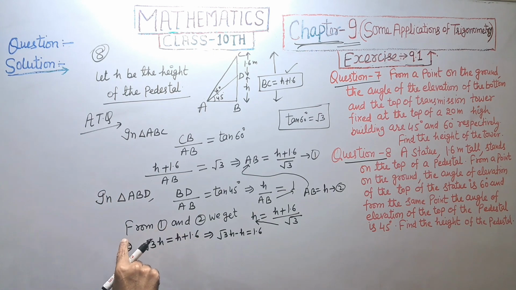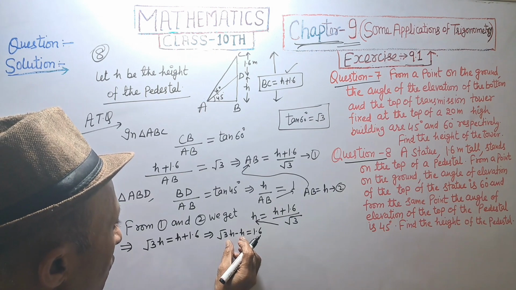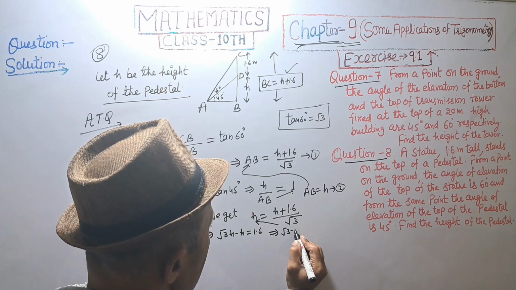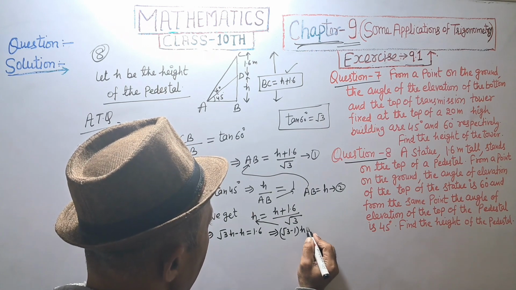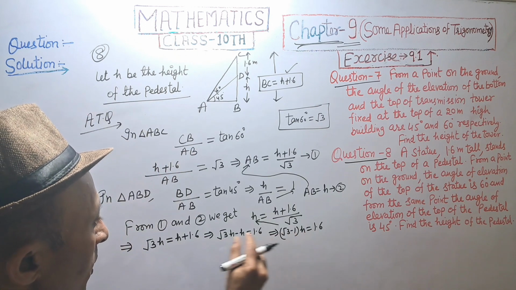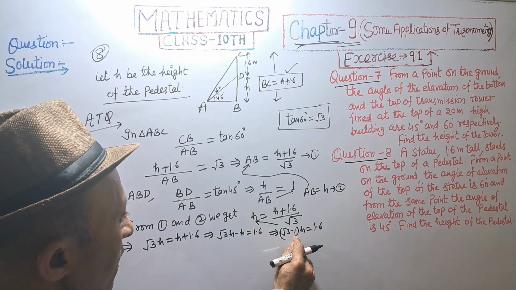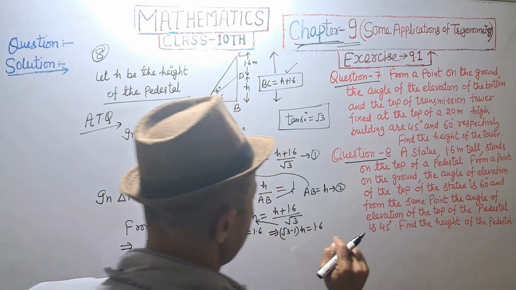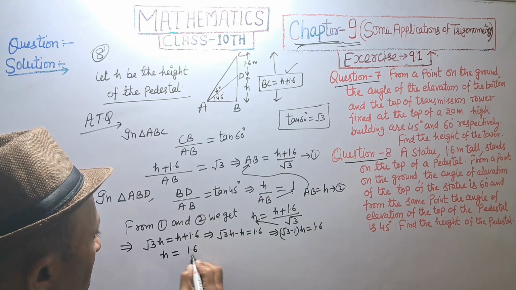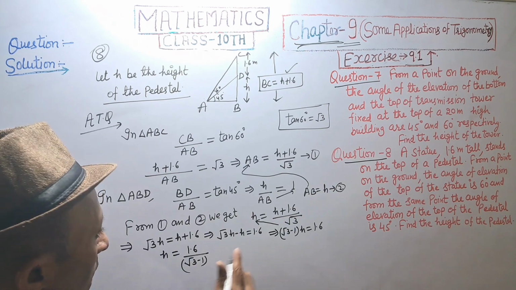We are taking h common on the left side. Root 3 minus 1 in bracket, and h is taking common, equal to 1.6. h is equal to 1.6 divided by root 3 minus 1.